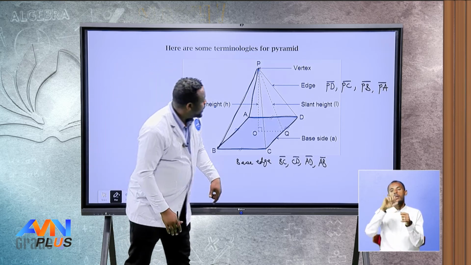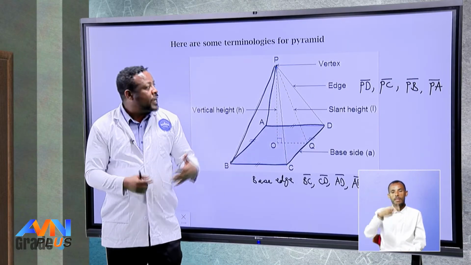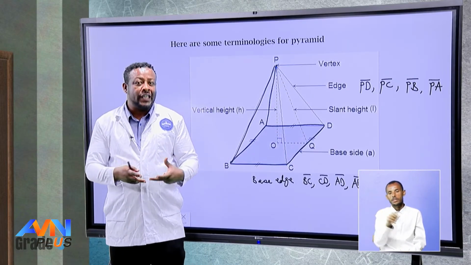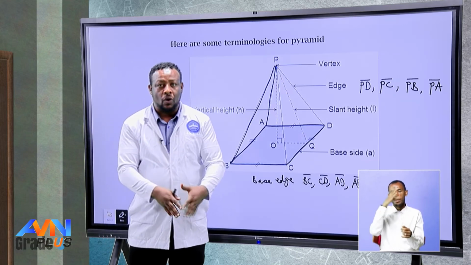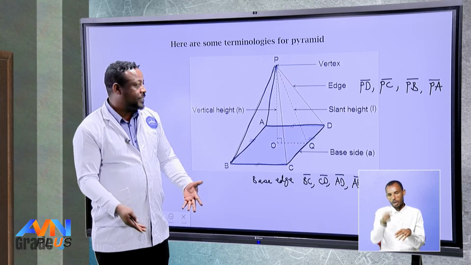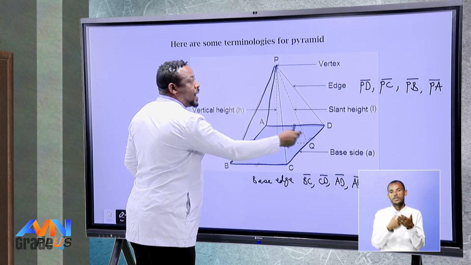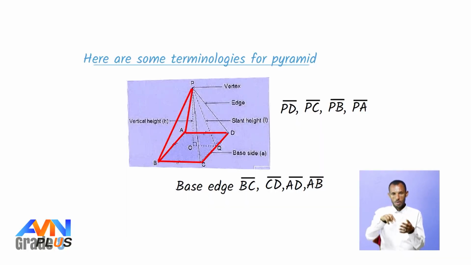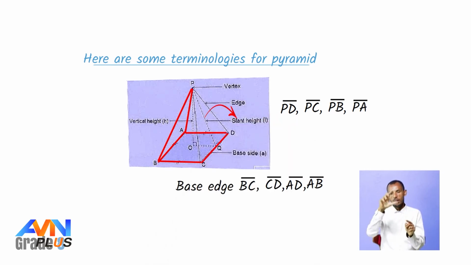The other is the slant height. Here in a pyramid, there are 2 heights, the slant height and the altitude or the vertical height. So we have this PQ as a slant height. This is called a slant height. You can have different slant heights on different faces.